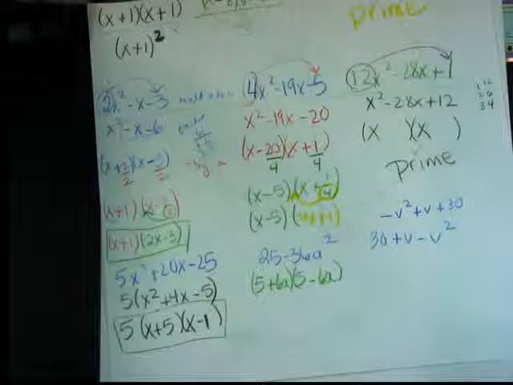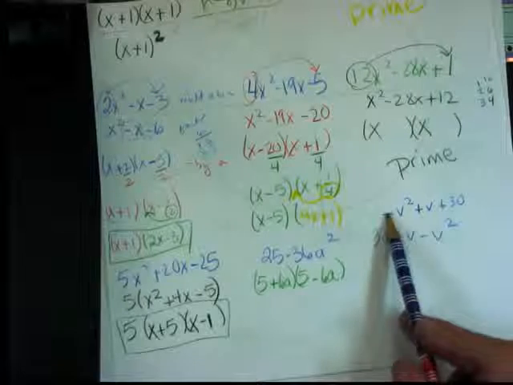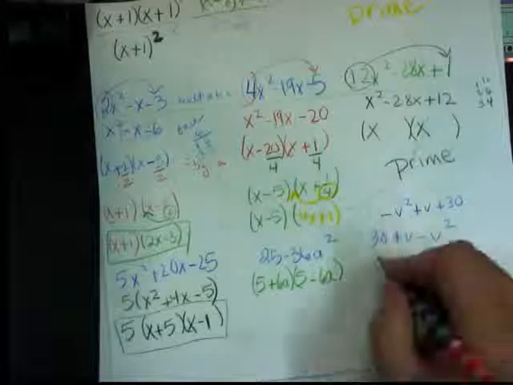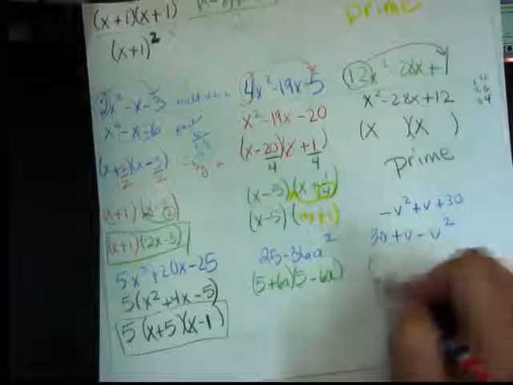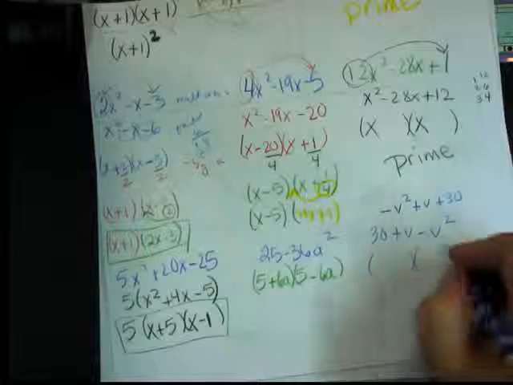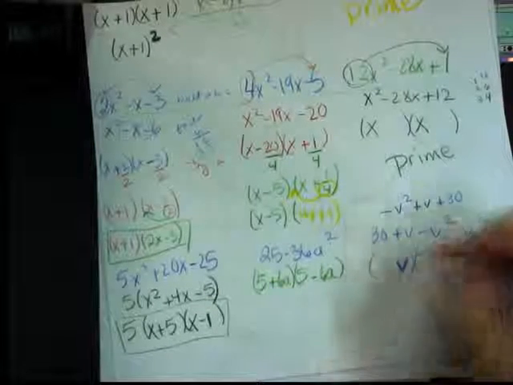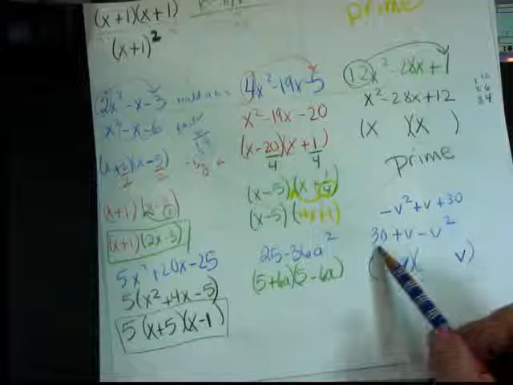We're going to look at this being our a over here, even though we generally go a, b, c. So our leading coefficient is 1. There is no GCFs. So I'm going to split v. What's going to multiply to be 30?